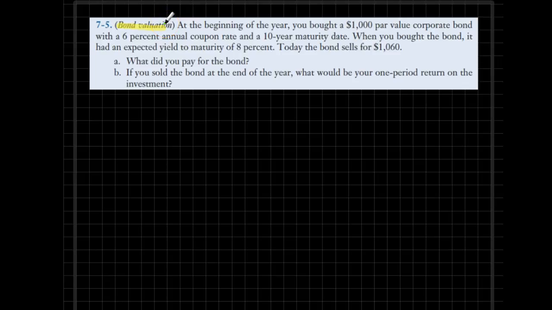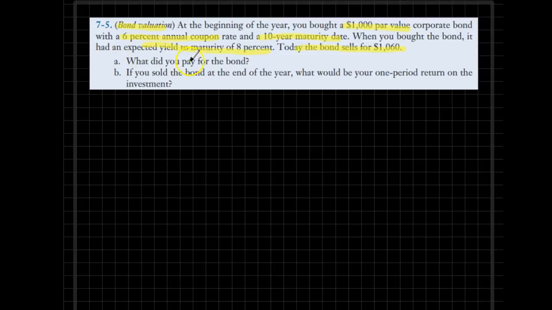This is a bond instrument with a $1,000 par value, 6% annual coupon rate, so the compounding is annual, and 10-year maturity. Given these, and knowing the fact that the bond is expected to give 8% return, it's currently selling for $1,060.